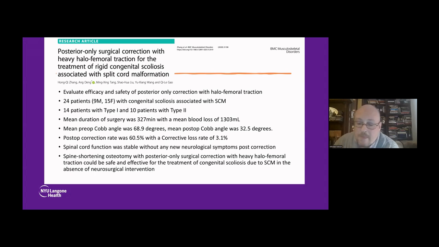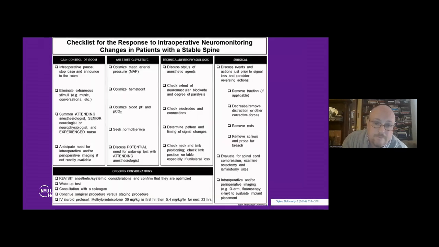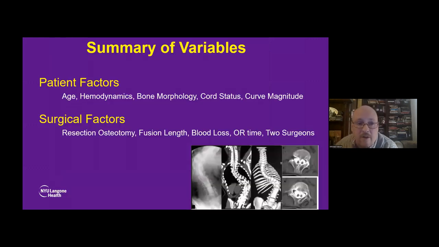So all in all, intraoperative neuromonitoring is really what drives us in our decision making for our plan. What do we plan on doing? Are we going to do 1 stage or 2 stage? What kind of resections are we going to do, et cetera? What am I going to do intraoperatively? But I'm obviously limited by the patient itself and their variables.